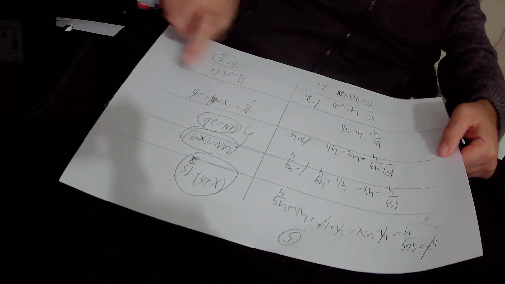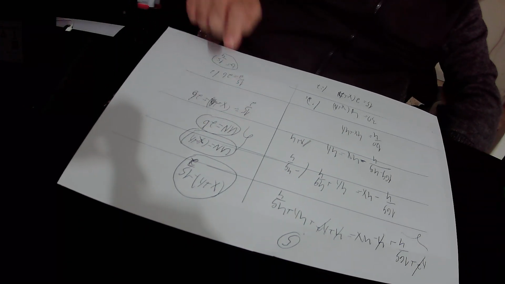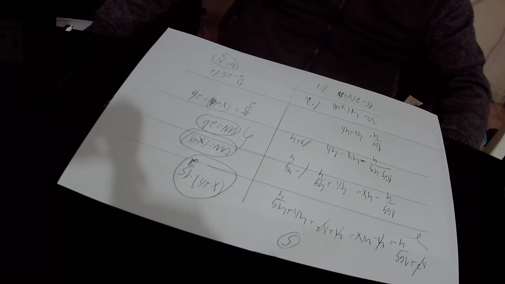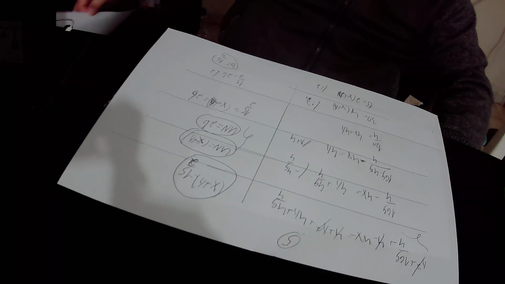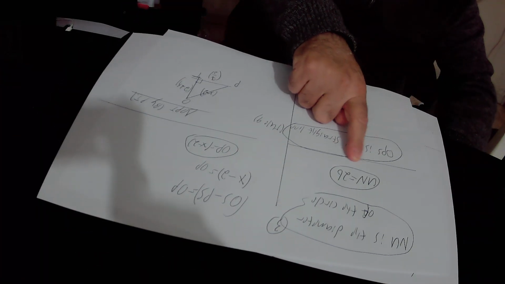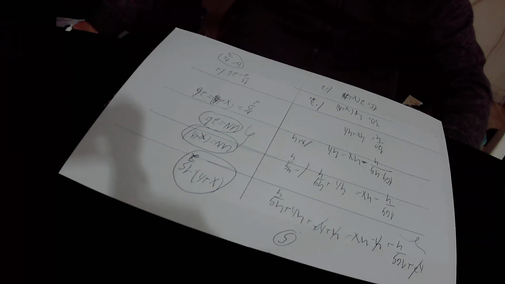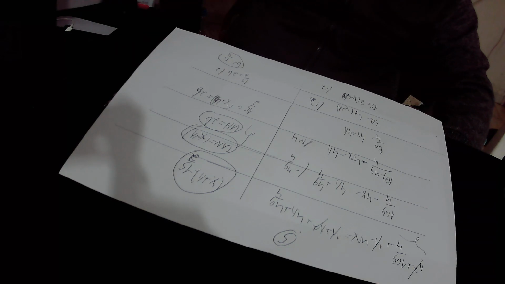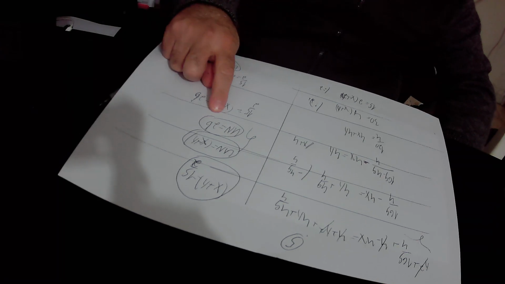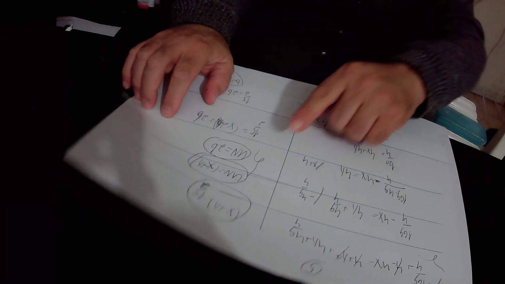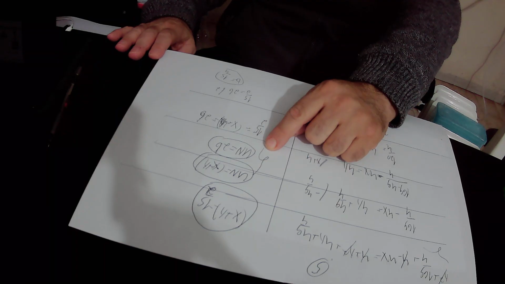But we already found that UN also equals 2b, the diameter of the circle. So you can write here that UN is also equal to 2b, and from these two equations, UN equals x plus h and UN equals 2b, we derive that x plus h equals 2b.